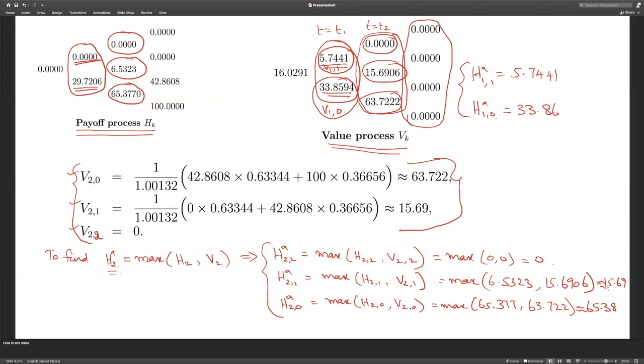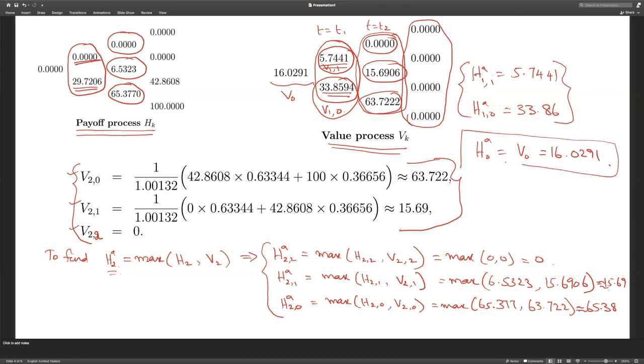Now once we have H1,1A and H1,0A, we can find the value V0. V0 you can find with the help of this. Remember, it comes as a conditional expectation, and that gives us V0 as 16.0291, and from there we can find H0A, which is equal to V0, that is 16.0291.